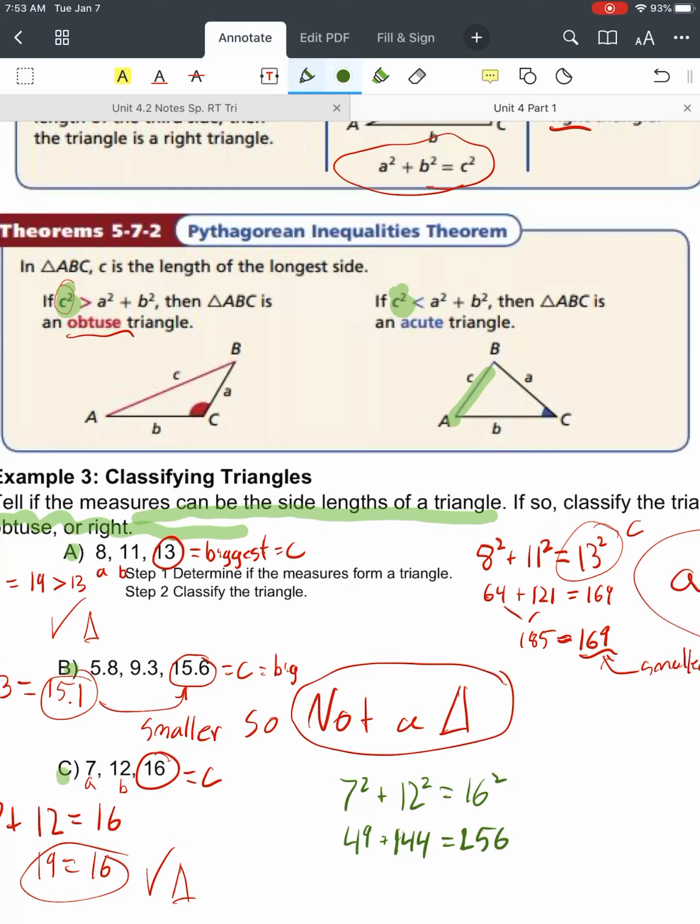When I combine 49 and 144, I get 193, and 193 is smaller than this 256, so our c squared is larger, so it is obtuse.